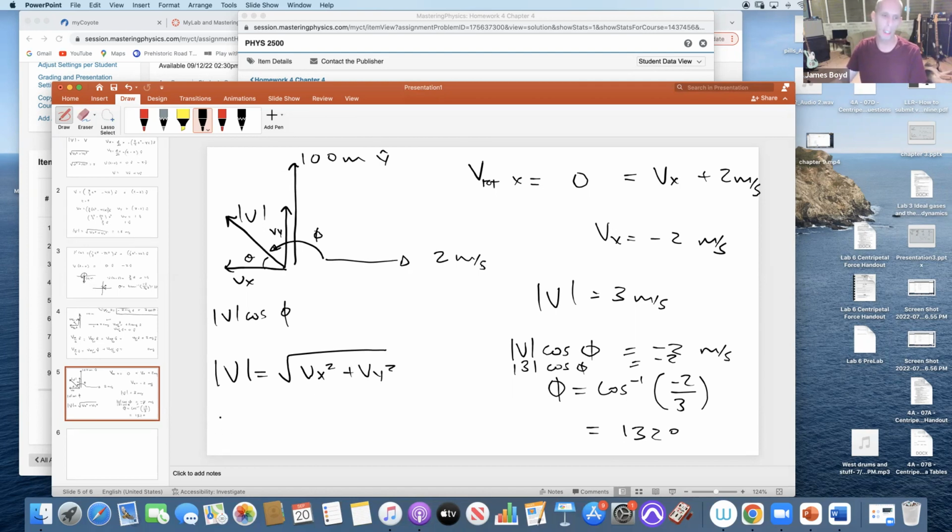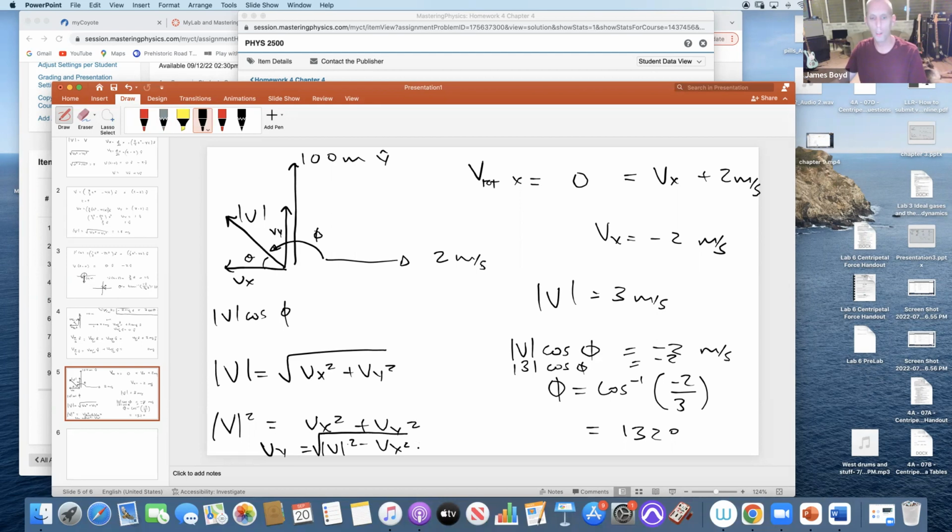Square everything, and this becomes v magnitude squared is equal to vx squared plus vy squared. We're on the second problem. We know this is our negative 2. We know this is 3. So vy squared is v squared minus vx squared. Just subtract that. Turn this into a square root.